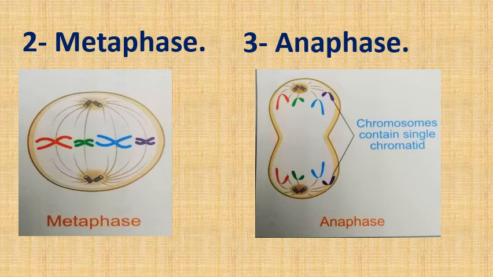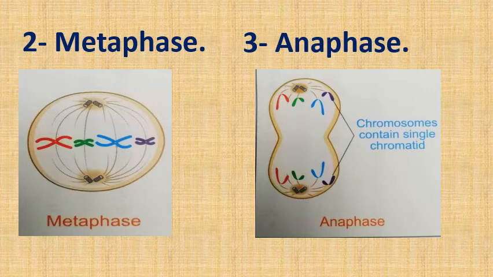So the chromosome divided lengthwise into two halves. Divided from which part? Divided from the centromere. So each chromosome divided lengthwise into chromatids.